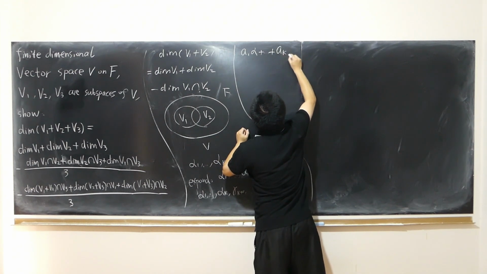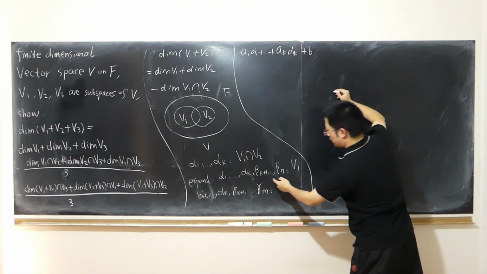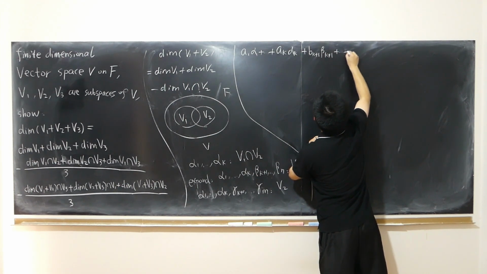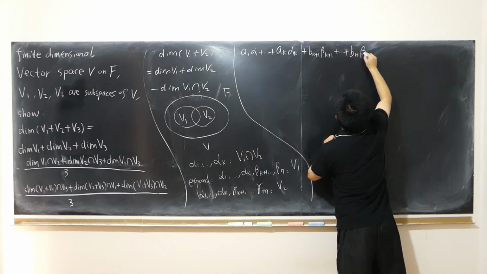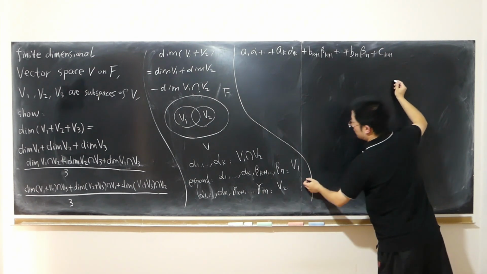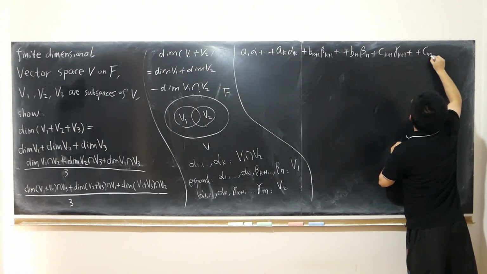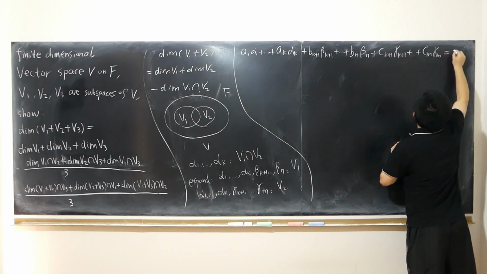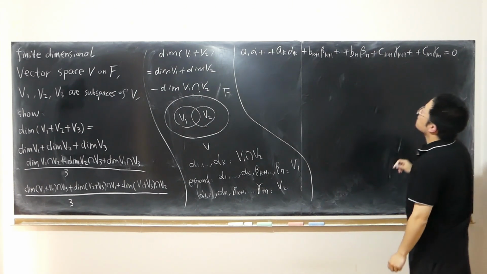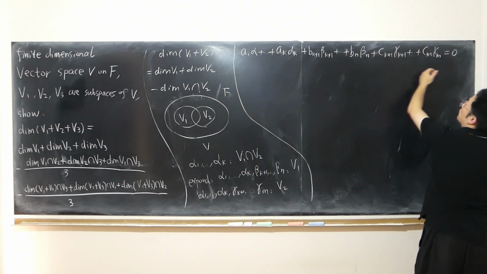all the way to ak times alpha k, plus b(k+1) times beta k plus 1 all the way to bn times beta n, plus c(k+1) times gamma k plus 1 all the way to cm times gamma m equals 0, where this 0 of course belongs to V1 plus V2.